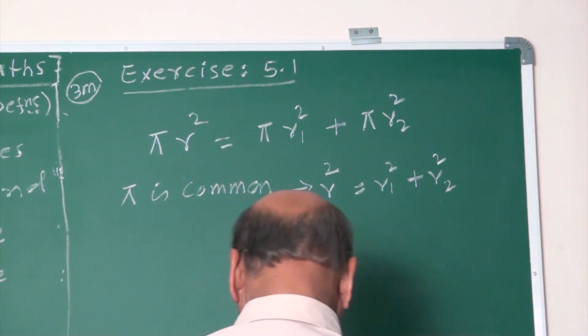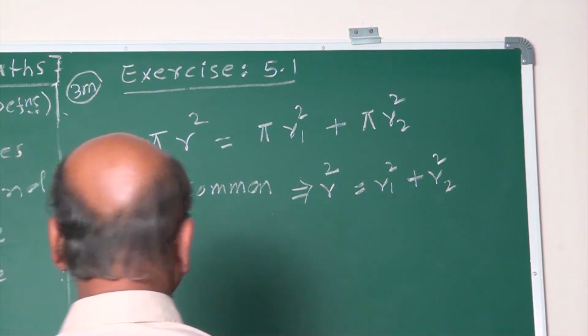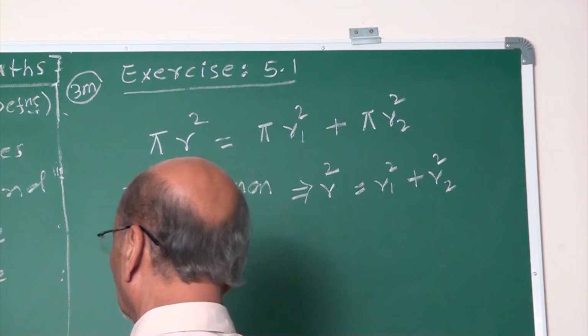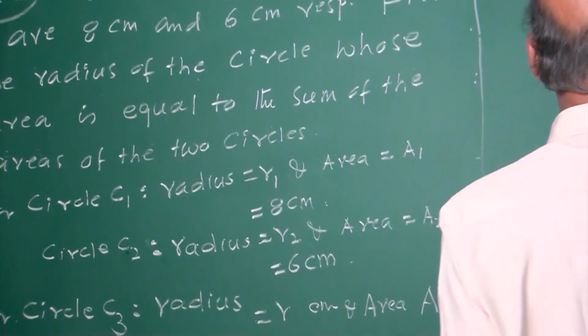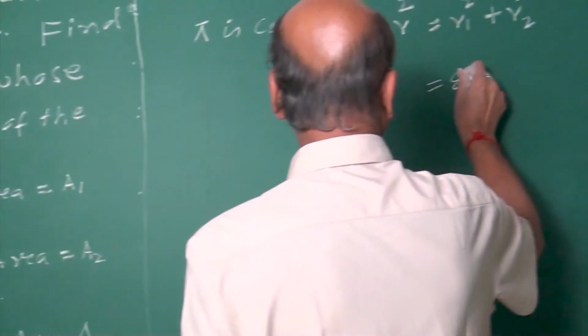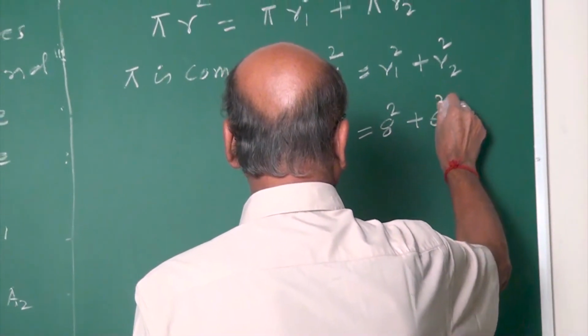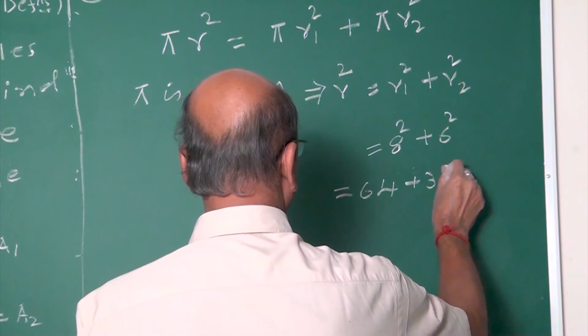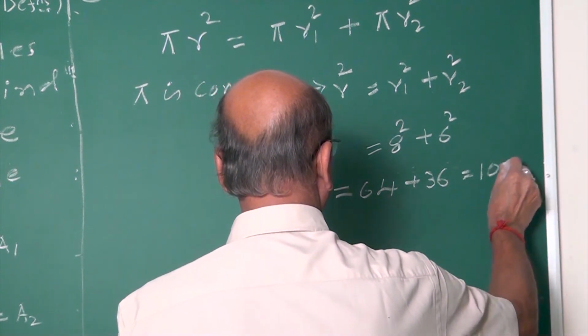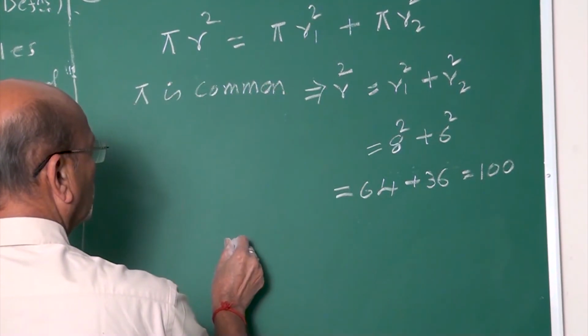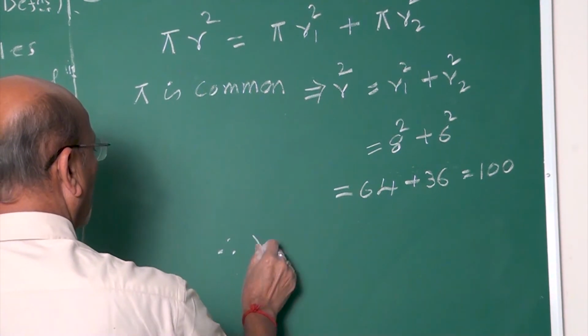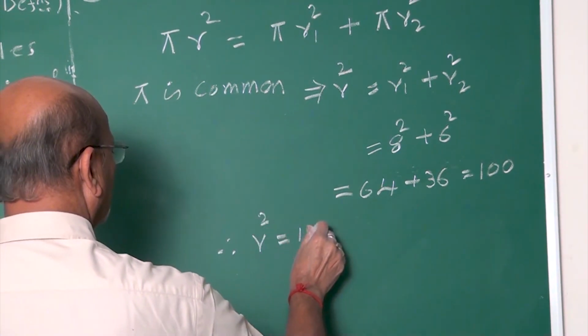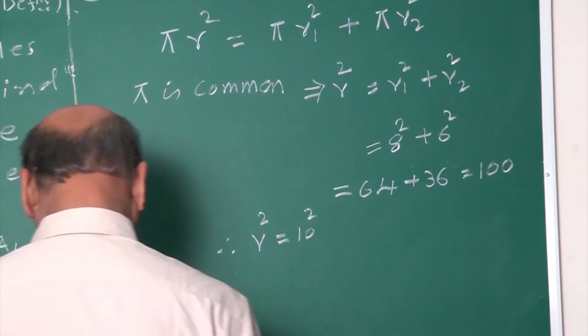R1 square plus R2 square. Tell, what is R1? 8 square plus 6 square. 64 plus 36, which is 100. Therefore, R square is 100, means 10 square.